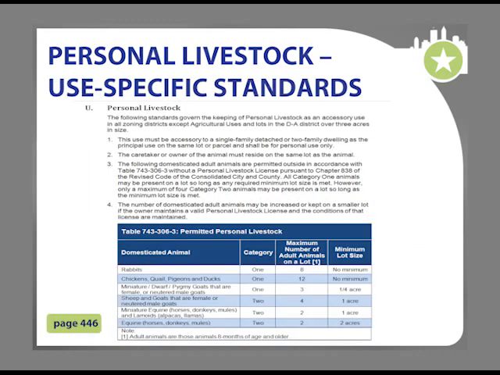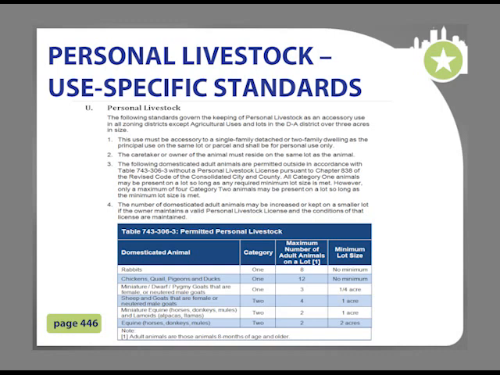What you see before you now are the use-specific standards. And when you look at them in the ordinance, you'll see there are a number of use-specific standards. You need to read through these very carefully. The key one is it is limited to single-family detached or two-family dwelling units. We say the caretaker or owner of the animal must reside on the same lot as the animal. We've identified what are permitted. We've put them into categories.